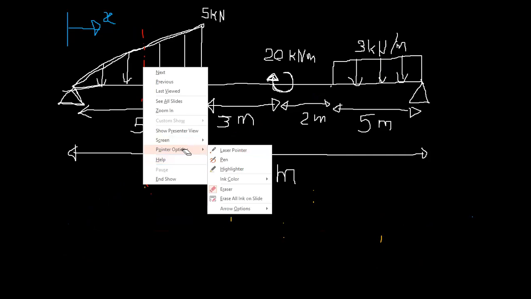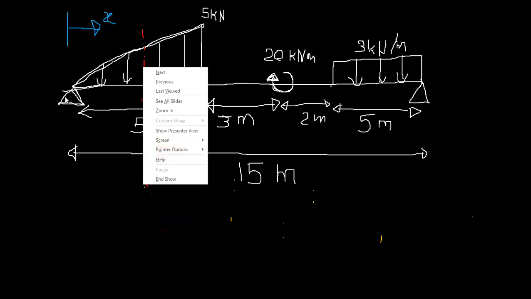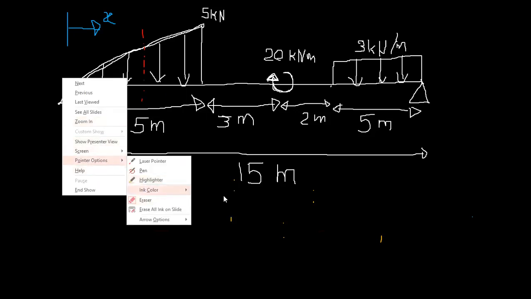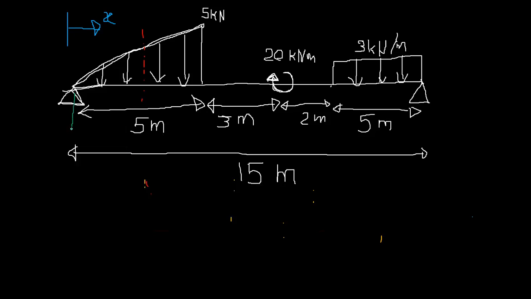Since there's no horizontal loading, even if you consider a pin support, you will have only the vertical reactions, right? So this is RA, this is RB.